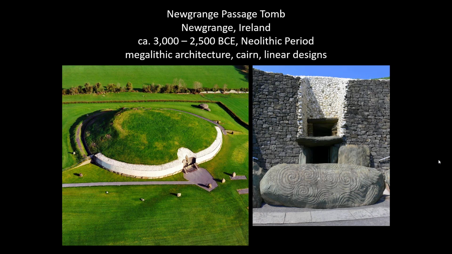No. There needed to be a lot of people cooperating in order to make this structure a possibility. Okay? Now, consider this. What was it used for? It was a tomb. Do you think that every single person who lived within this area was laid to rest in this tomb? The answer is no. This tomb was reserved for a few individuals.